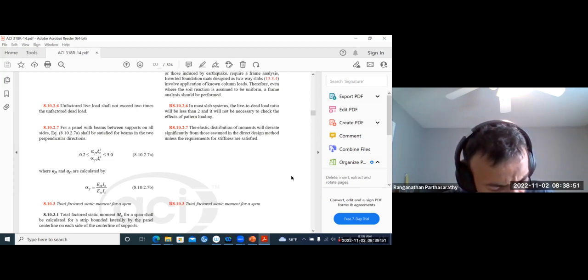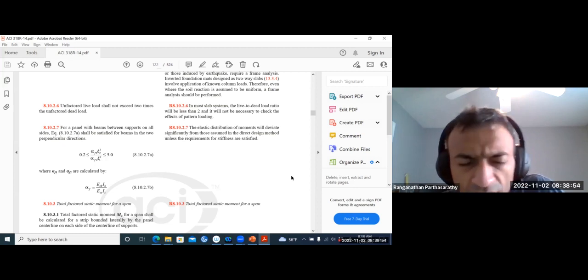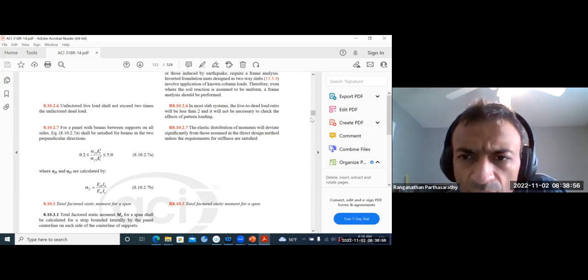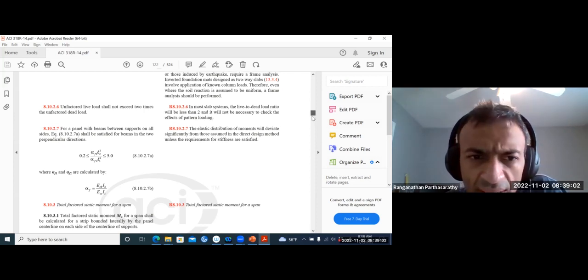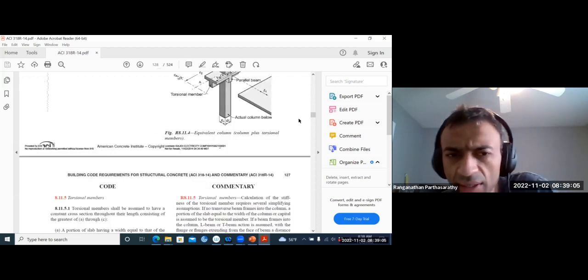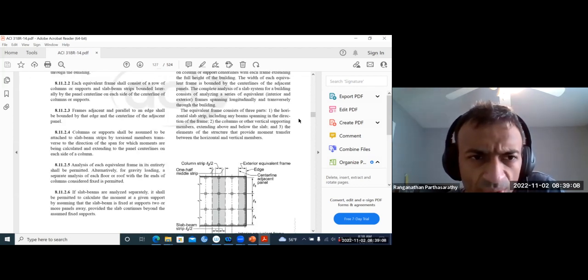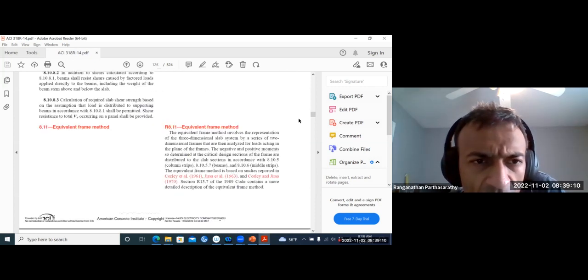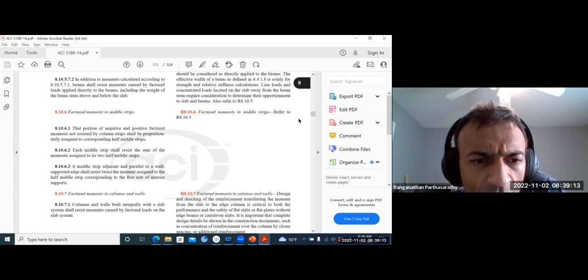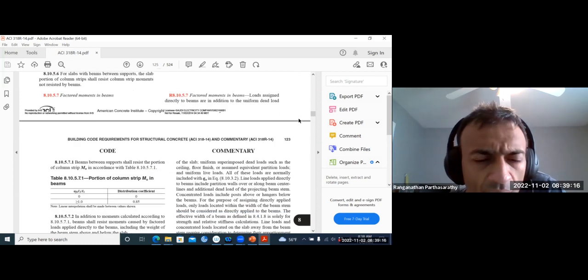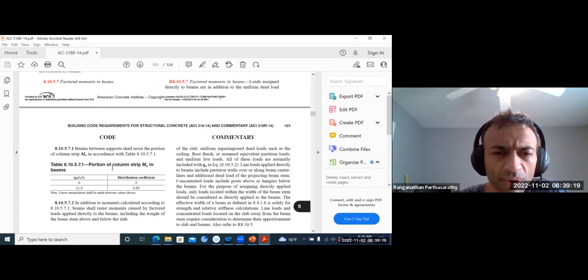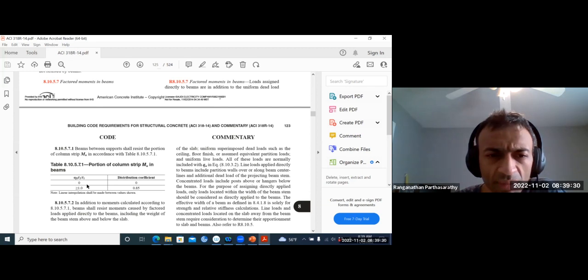Okay, we still take an effective beam when we do it. So can you really have 0? Right now let's take the case of 0. You see, for example, the portion of column strip MU in beams: how much of the column strip moment goes to the beam?